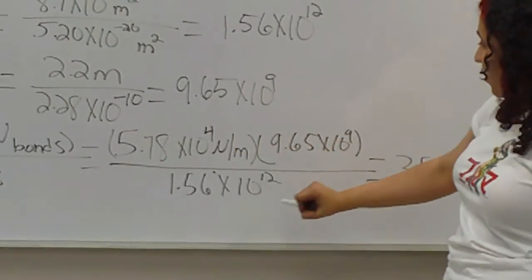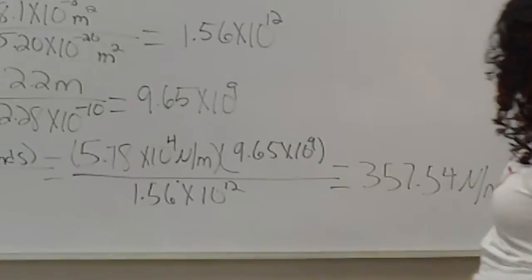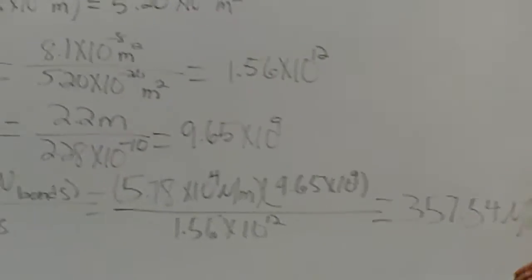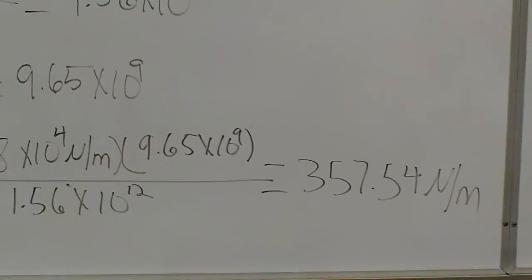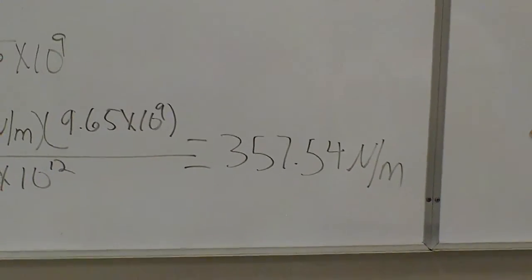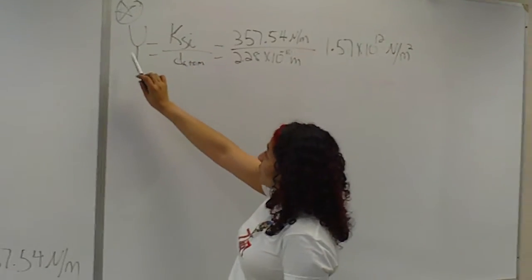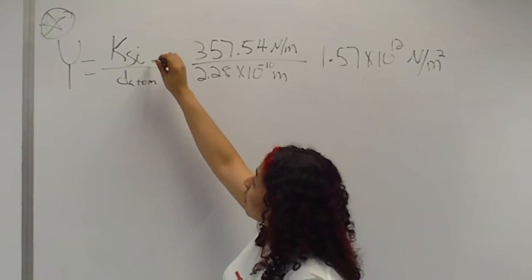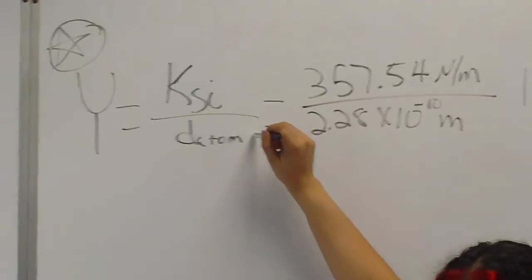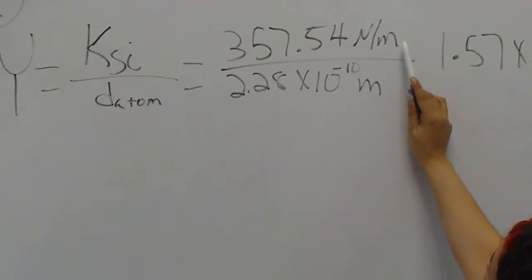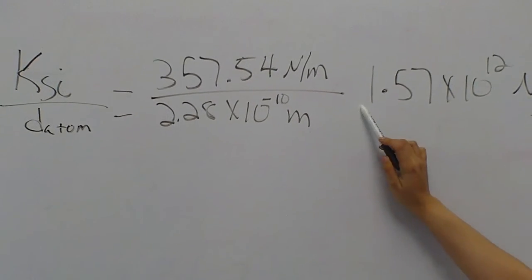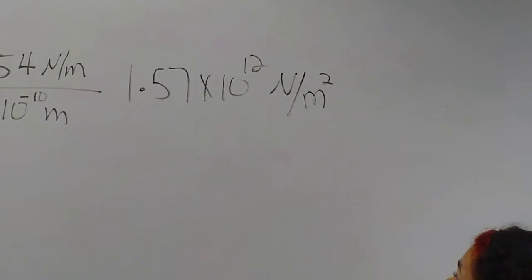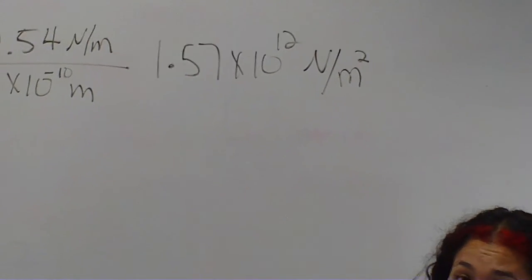Take all your answers from the previous steps, and you get 3.54 newtons per meter. Finally, now that you have the k interatomic, you can go back to your Young's modulus, which is the interatomic spring constant divided by the diameter of one atom. You have your two numbers set, and 1.75 times 10 to the 12 newtons per meter squared equals Young's modulus.